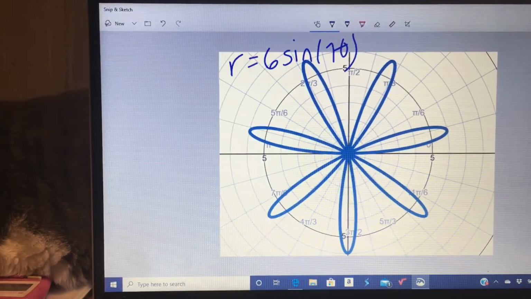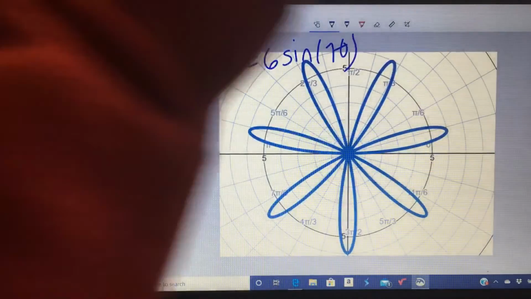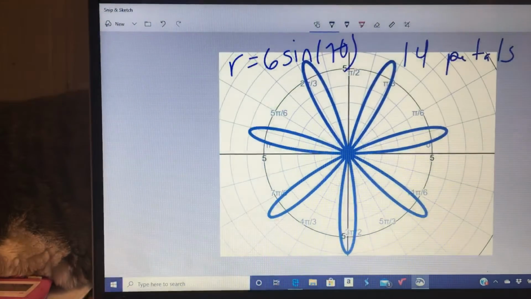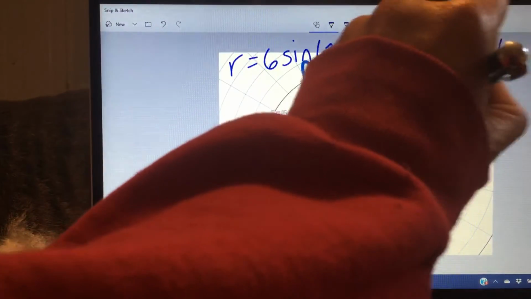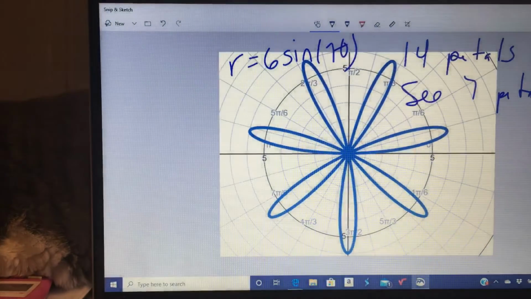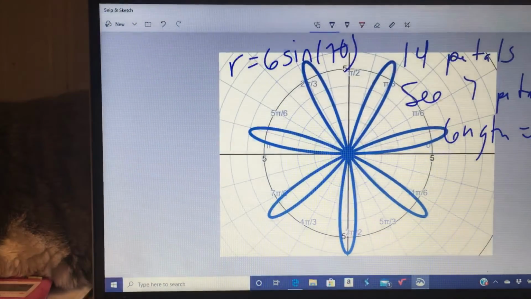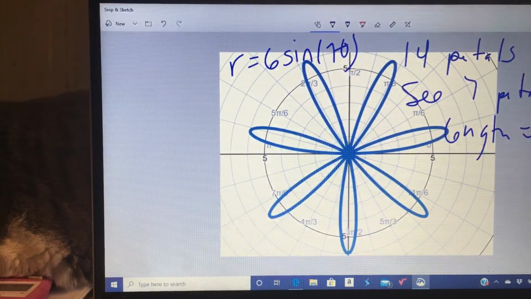What I want you to say for this is I don't want you to say that it has 7 petals. I want you to say it has 14 petals, but you only see 7 petals. And then the petal length is 6.